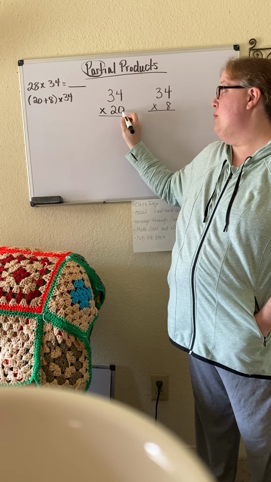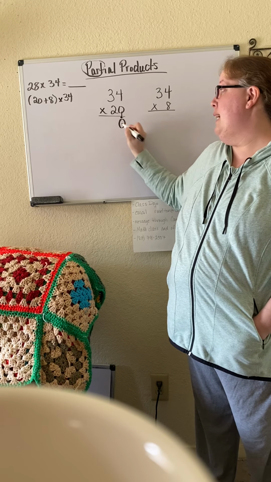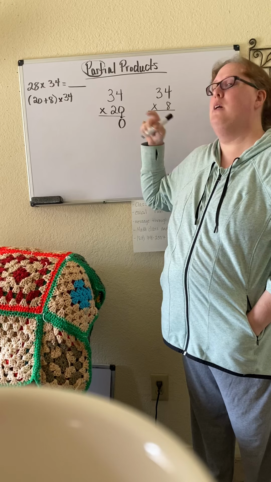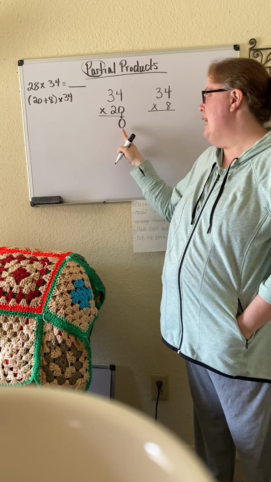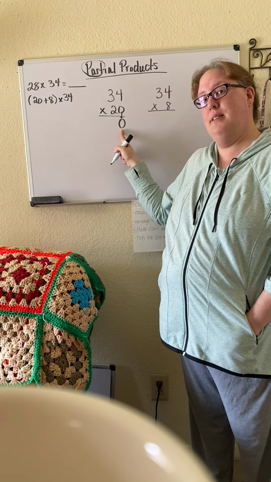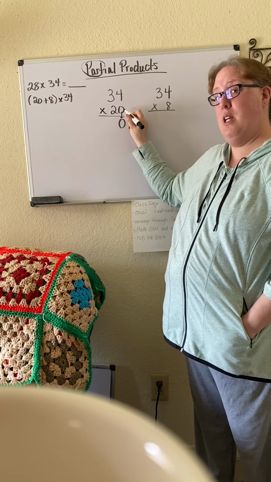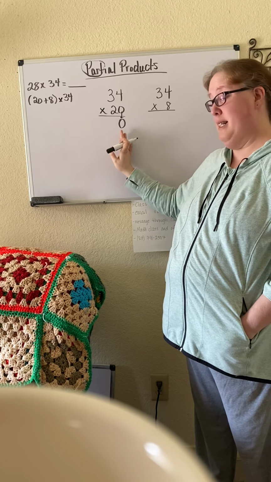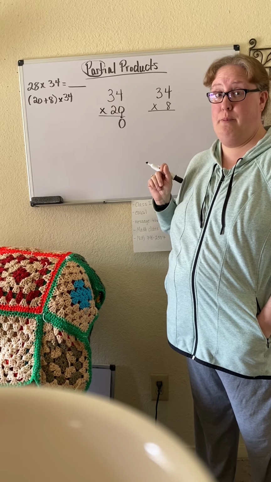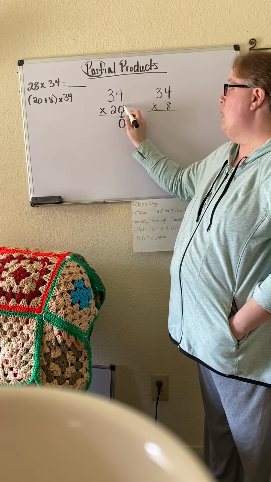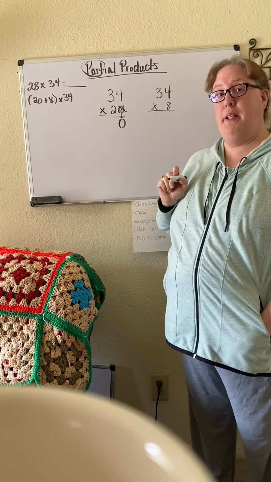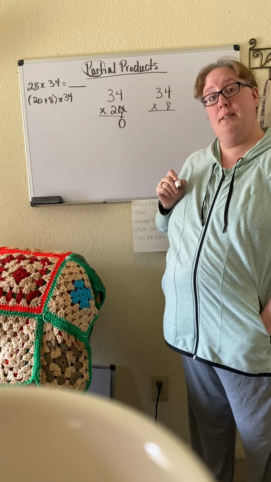So what I need to do is I'm going to put that 0 here, because this says there's nothing in the ones. So again, not magic, I'm bringing it down because there's nothing in the ones place, okay? So since there's nothing in the ones place, I'm going to go to the tens place.